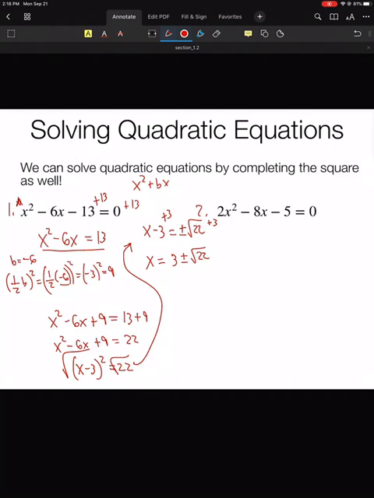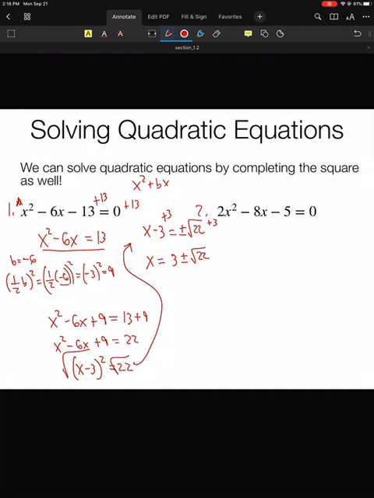Okay, and so now you can ask yourself, can I simplify the square root of 22? Are any multiples of 22 a perfect square, or the two things that we multiply together to get 22, are any of them perfect squares?